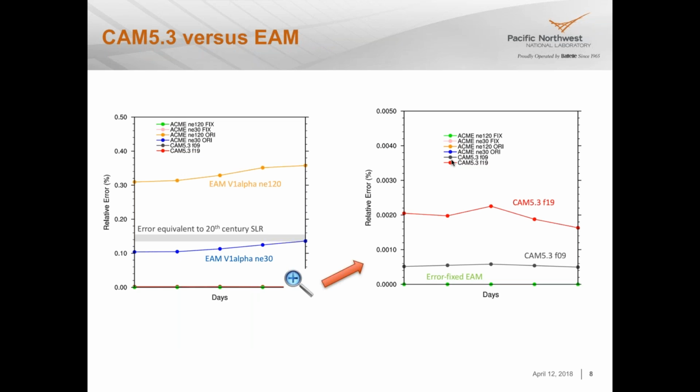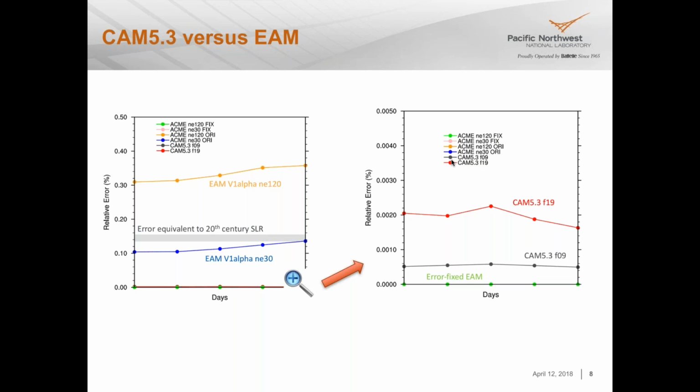Next slide. We did a comparison between CAM 5.3 and the E3SM atmosphere model. On the left, I show the relative water conservation error in the 5-day simulation. The x-axis is the days, the y-axis is the relative conservation error. You can see here that the EAM model with alpha has a pretty large relative conservation error.